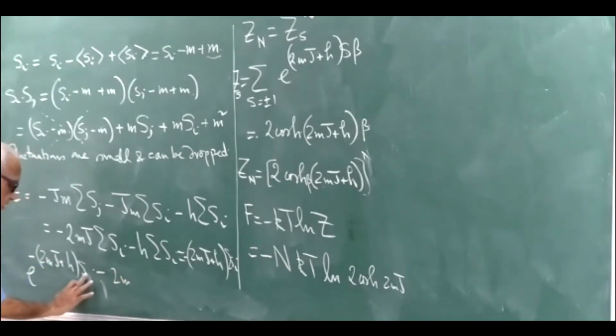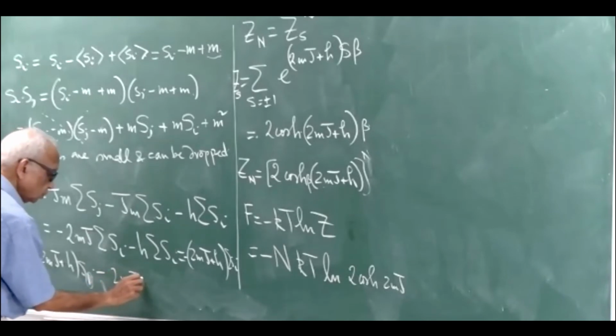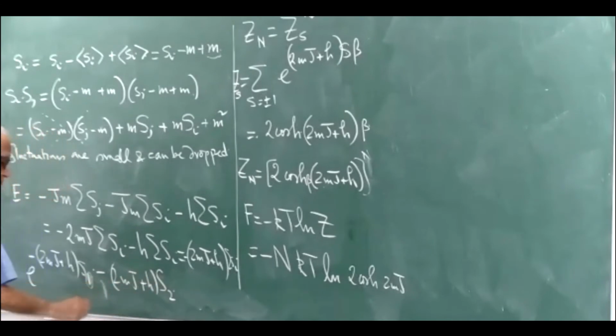So this is, let's say, this at site s, the site meaning a site vector, and then there is the 2mJ plus h at another site, and so at every point there is a spin s which can point up and down, and for each one of them the contribution is 2mJ plus h into that s over here. Okay.